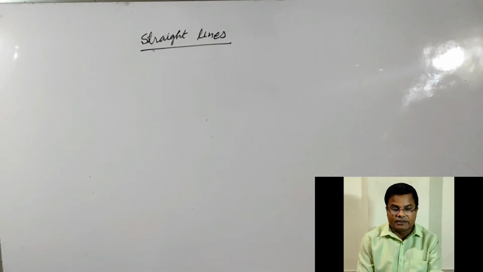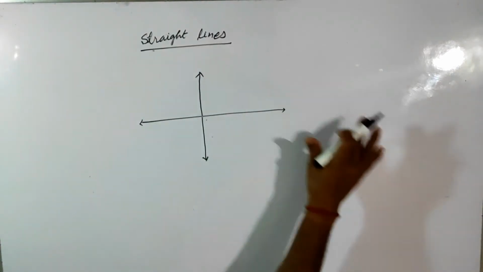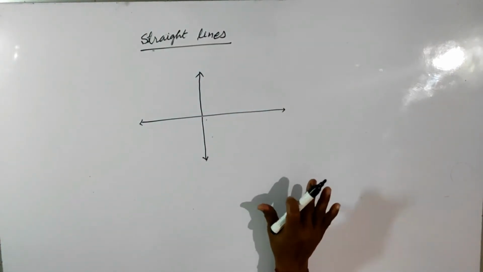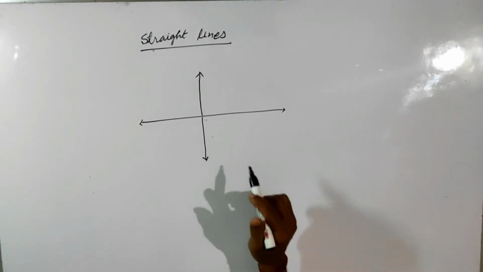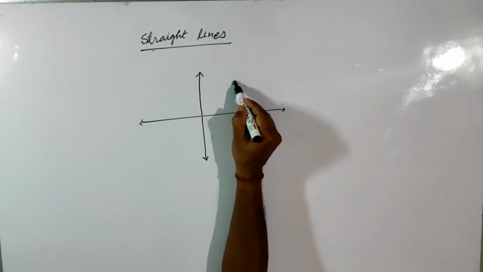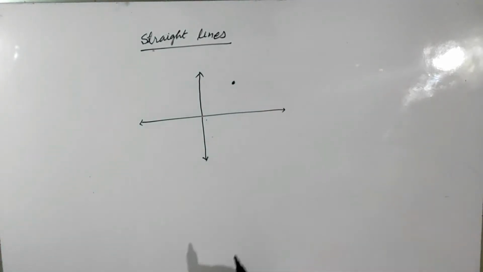In coordinate geometry, in classes 9th and 10th, you have studied how to plot points. Consider this board as a plane. Whenever you have to tell the position of a point on a plane, you have to take a reference point.